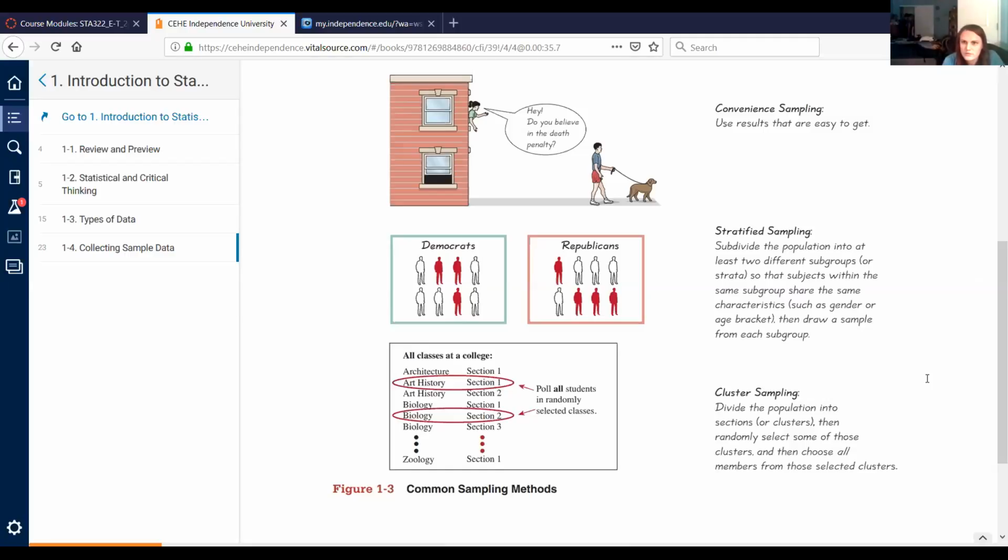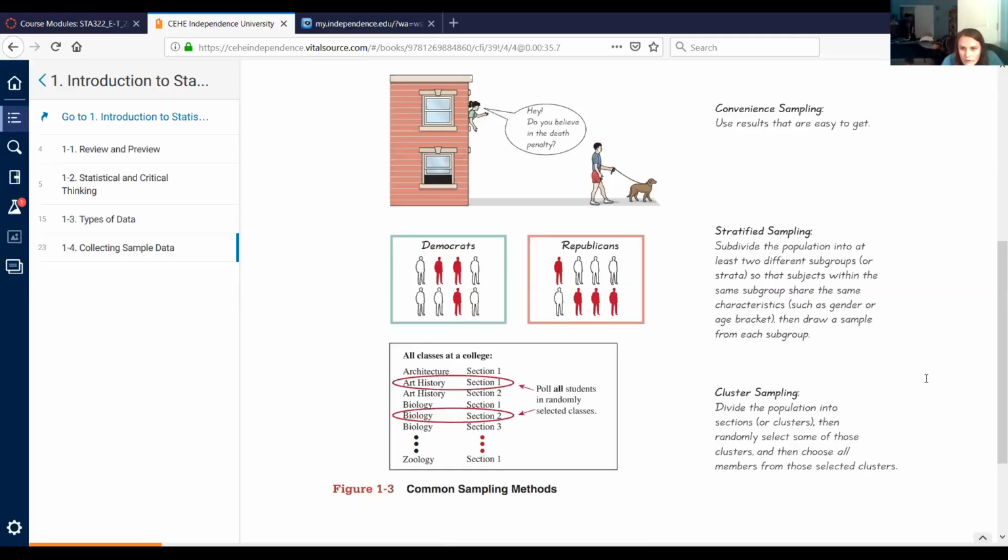Cluster sampling is a bit more complicated. Somehow or another, you divide the population into sections, clusters, and then randomly select some clusters, and then choose all of the members. If you were doing a poll in a city, you may try either. I live in Loveland, so we've got about 80,000 people that live here.